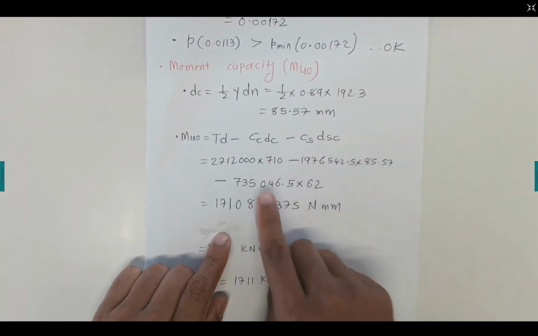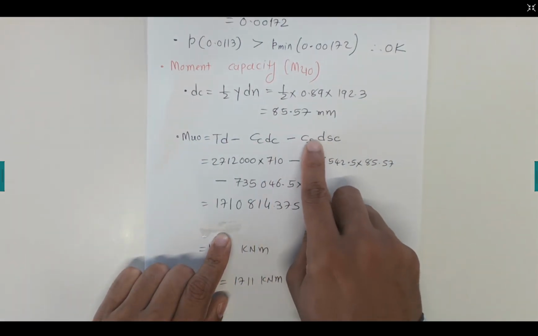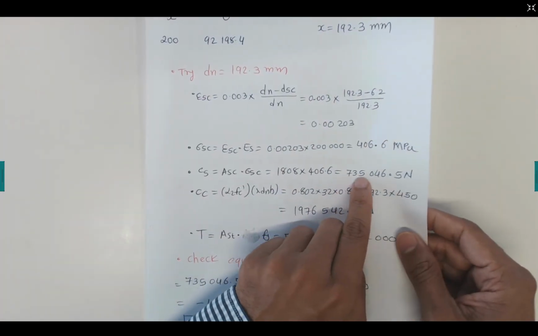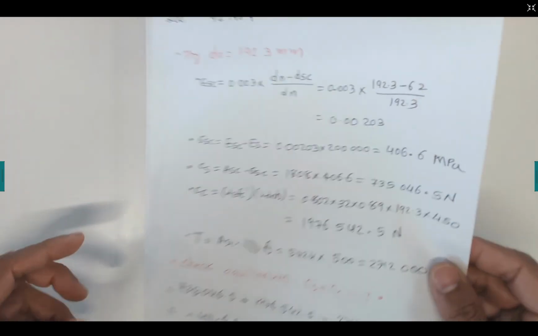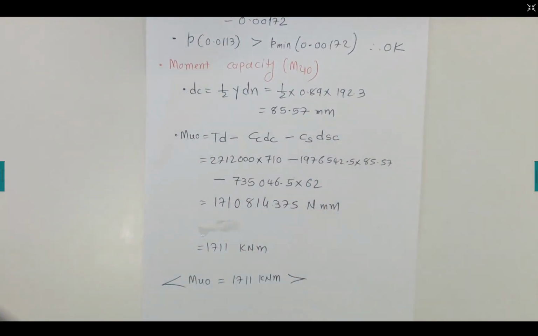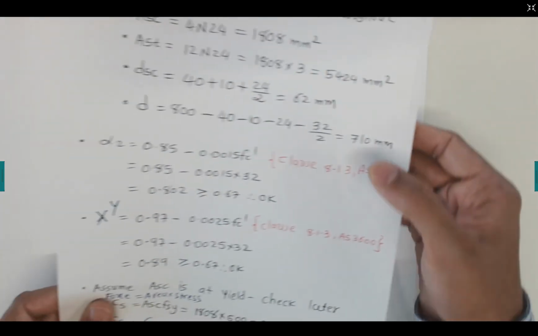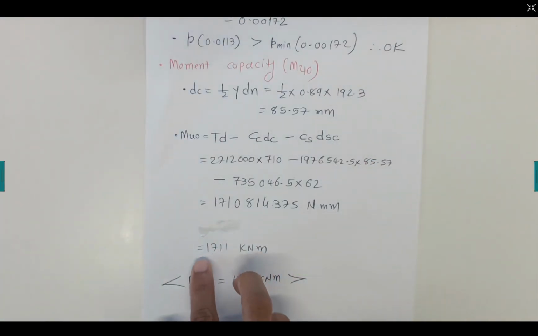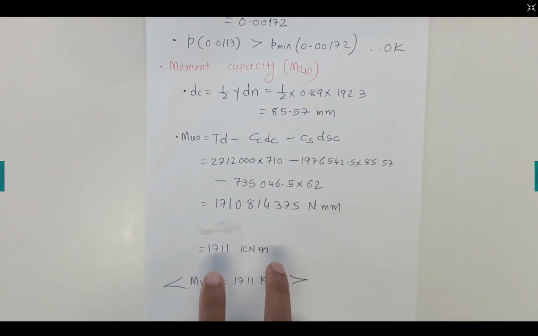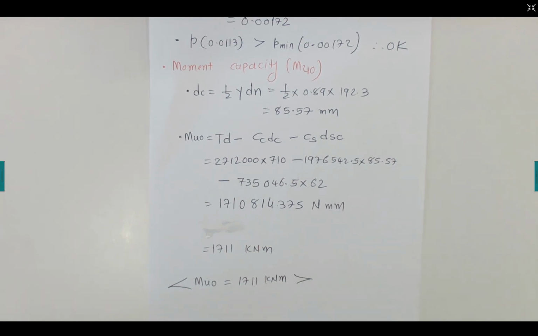We substitute here. Compression force in the top reinforcement, that is Cs, we get 735046.5, times dsc of 62 millimeters. That gives us Newton millimeters; dividing by 1000 and thousands gives us 1711 kilonewton meters. So that's the moment capacity of the double reinforced section.